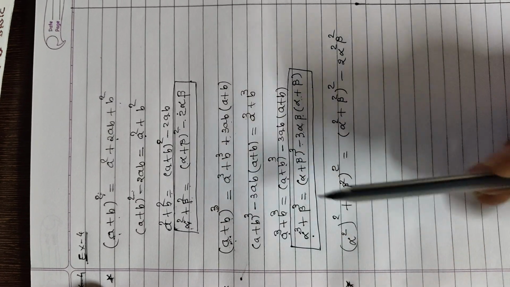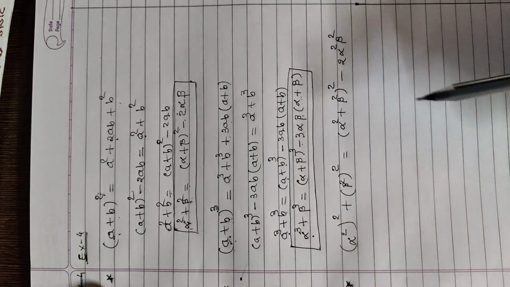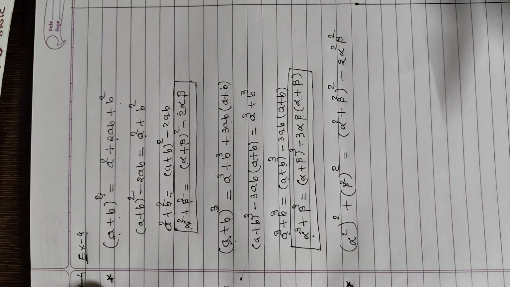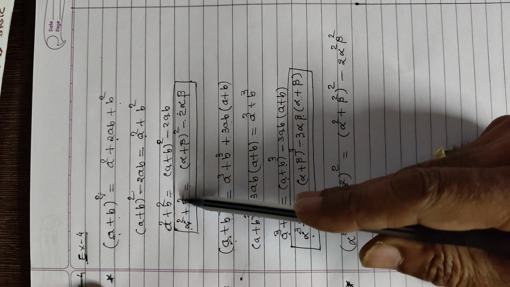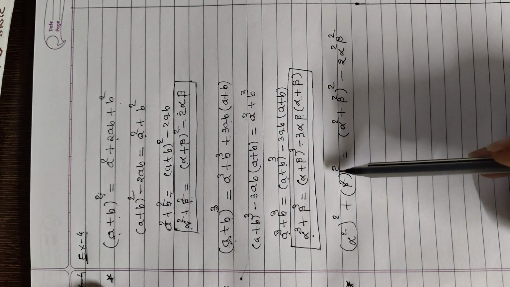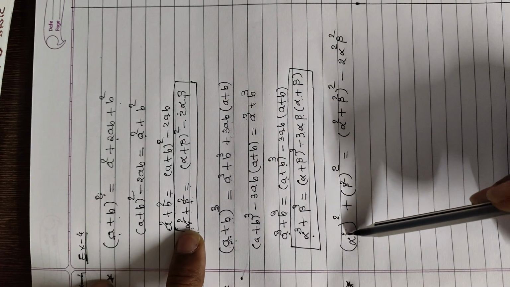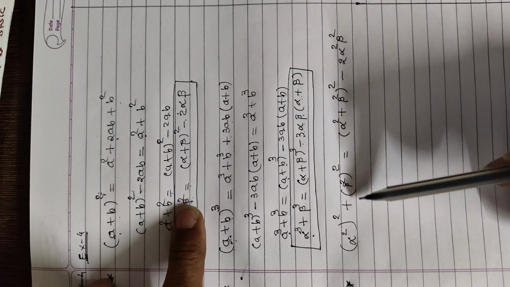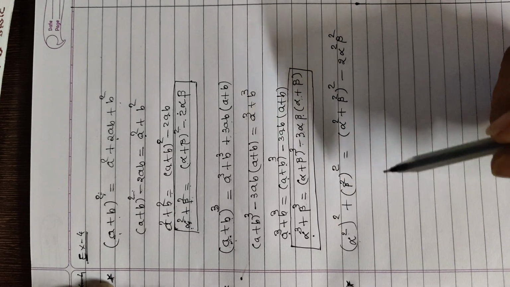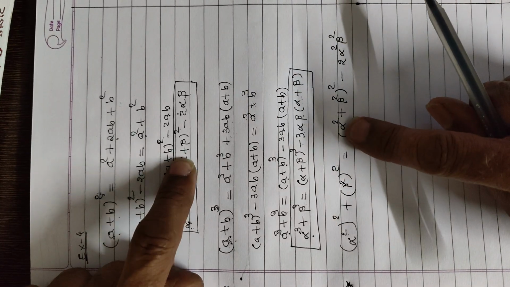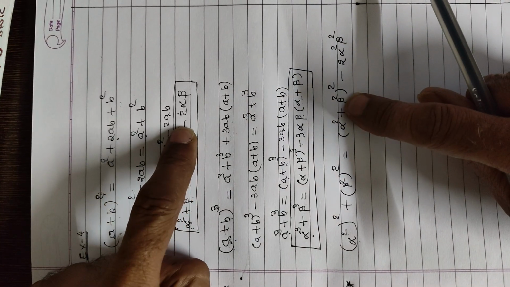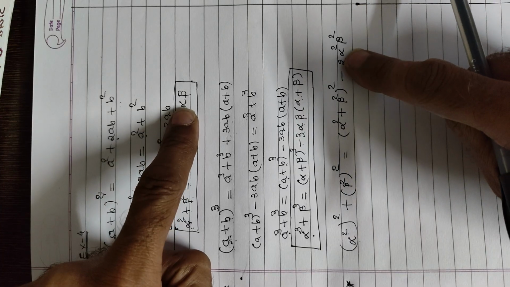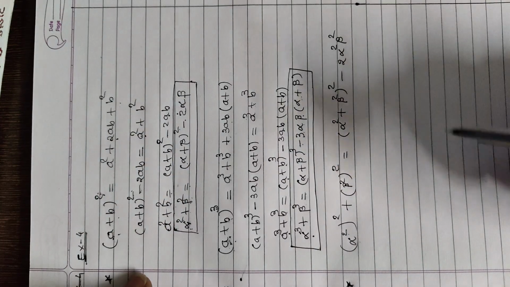So this square is outside the bracket. This alpha is written alpha square and beta is written beta square.